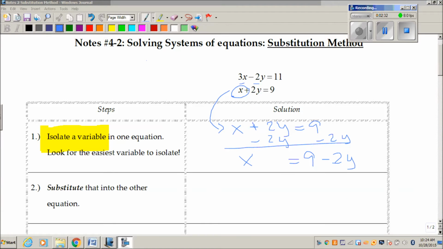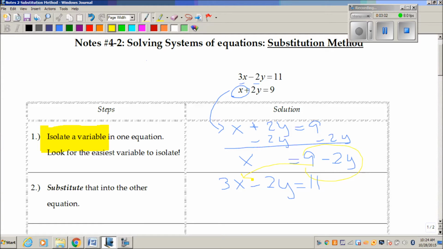Now that I've solved for x, I'm going to take this expression and substitute it in place of x in the other equation. The other equation we have is 3x minus 2y equals 11. I'm going to substitute it in place of x everywhere I see it, because x is equal to 9 minus 2y.